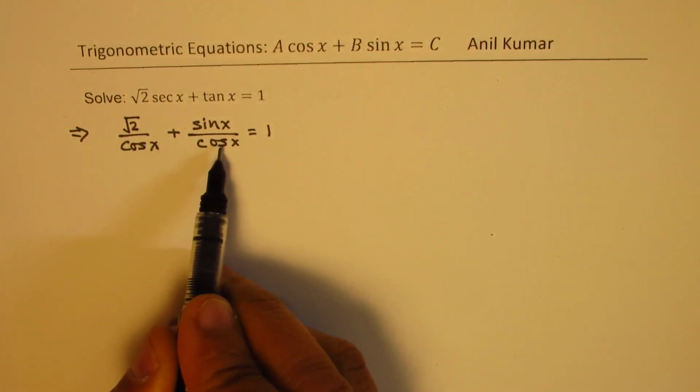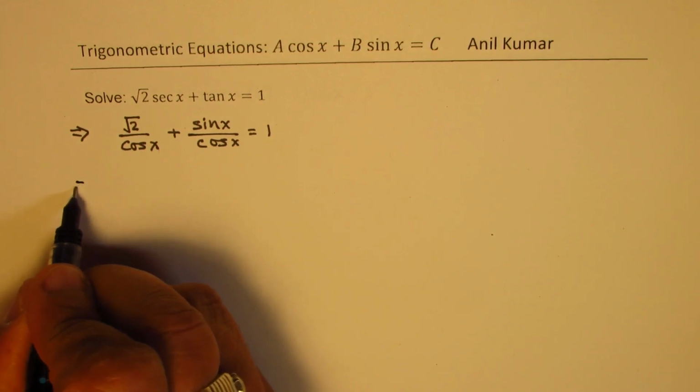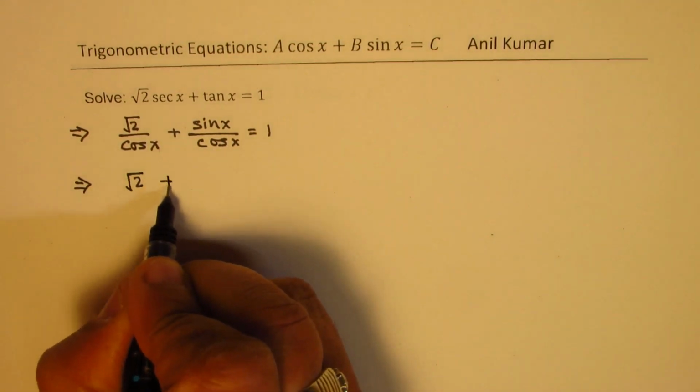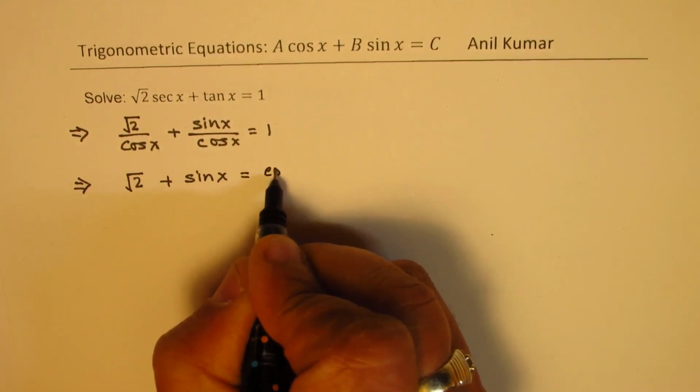Now cos x is a common denominator. We could multiply each term with cos x. So we get square root of 2 plus sin x equals cos x.